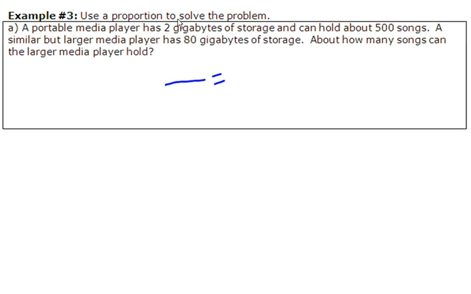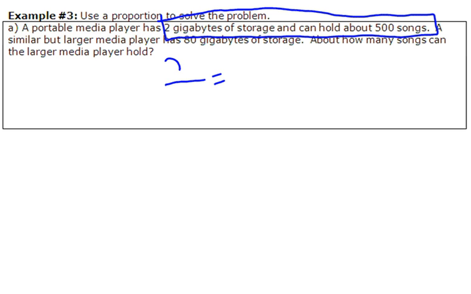I'm given that a portable media player has 2 gigabytes of storage and can hold about 500 songs. I'm going to put this into a ratio. For 2 gigabytes of storage, you can hold 500 songs. Now I'm going to do another ratio, so I can make my proportion. It says a similar but larger media player has 80 gigabytes of storage.